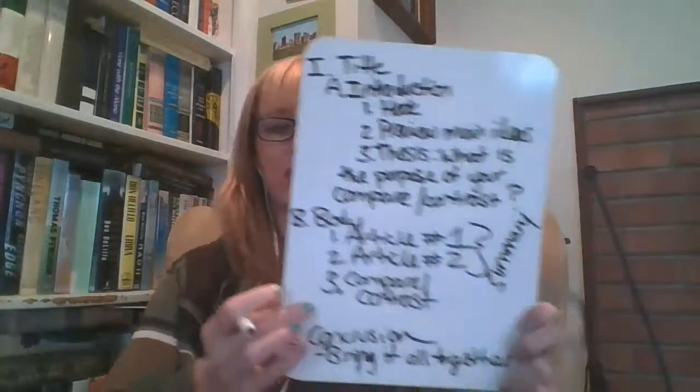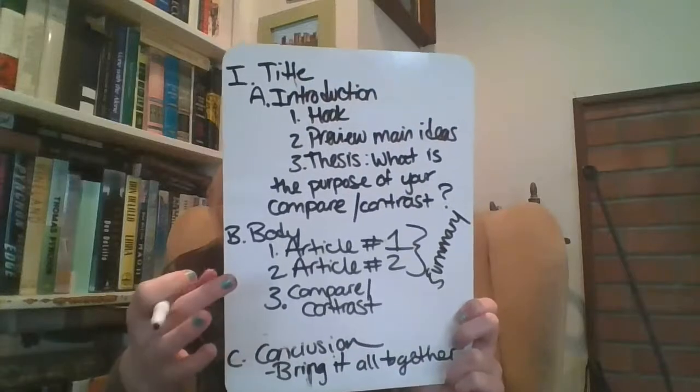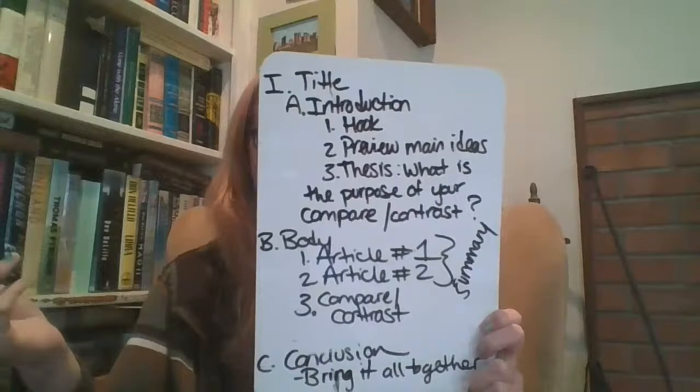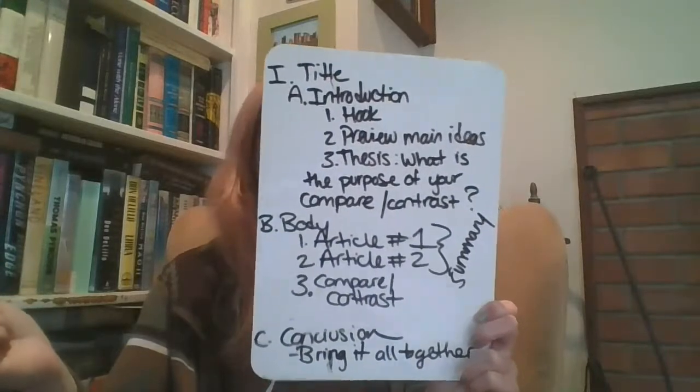So basically you can either integrate the compare and contrast while you're talking about articles, or you can separate the analysis from a summary. Those are the 2 main differences. Okay.